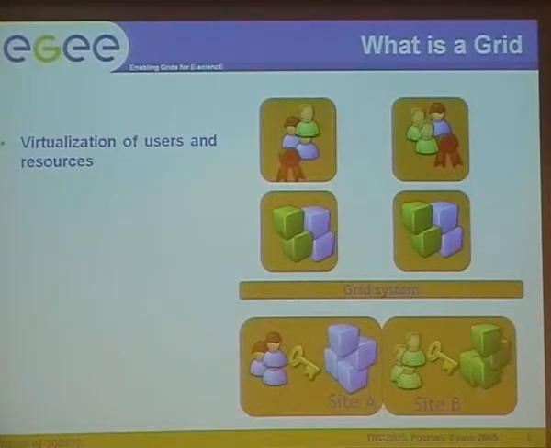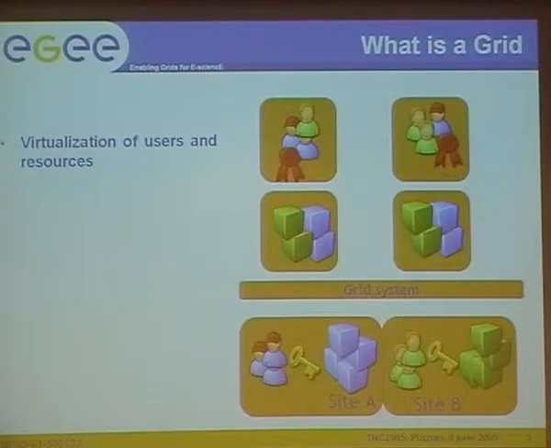We are able to create pools of virtual resources that are mixed and composed of resources of the different sites. And we also have grid identities, which are typically for users, typically X509 certificates.